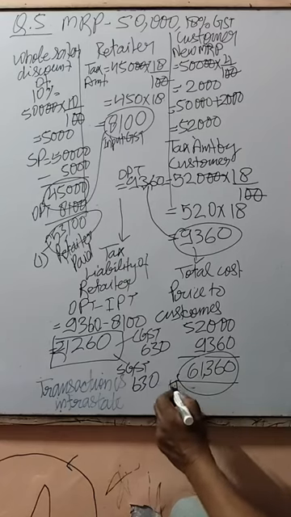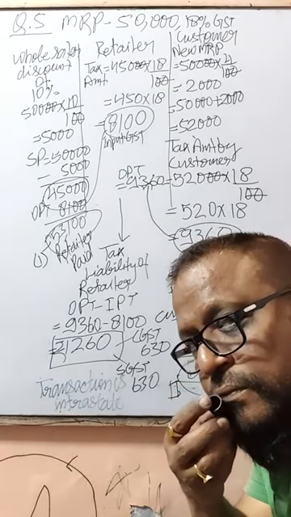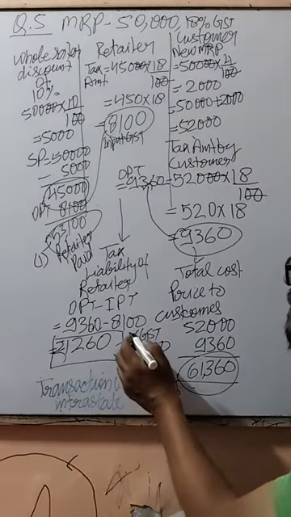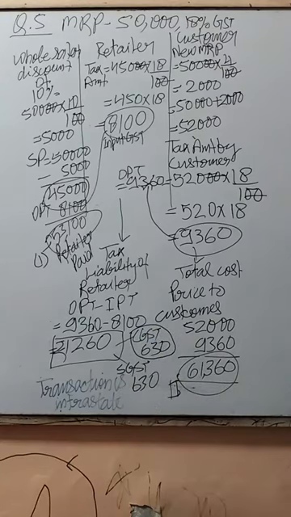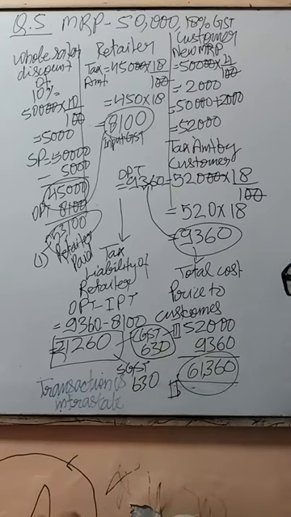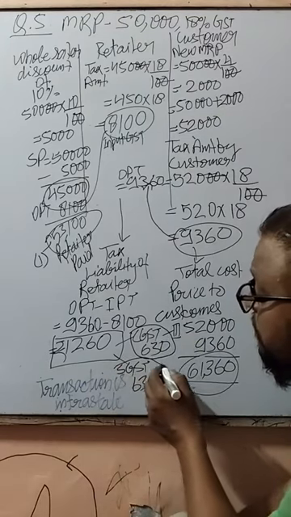This is answer number 2. The amount of tax under GST paid by the shopkeeper to the central government is 630 rupees. This is answer number 3. The amount of tax under GST received by the state government.